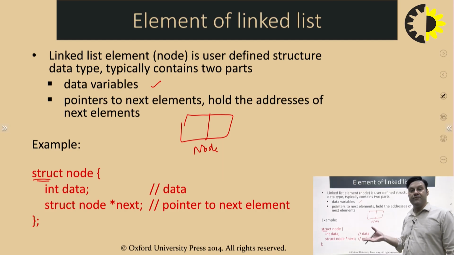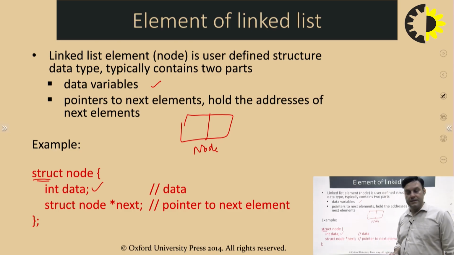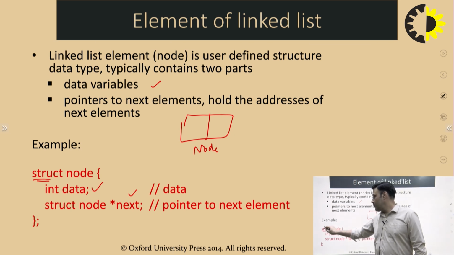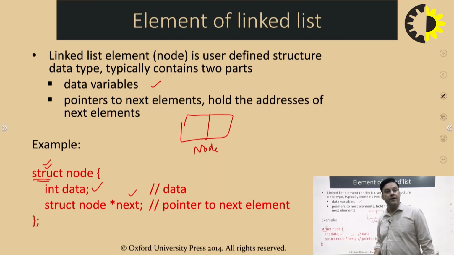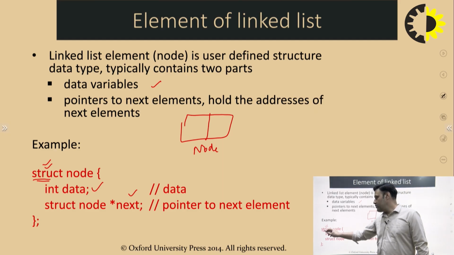If we have different types of data members, for example, the first data item is data, the second is a pointer, then for that I have to declare a structure. By using the struct keyword, the name of my structure is node, and I know that the node is divided into two parts, information part and link part.